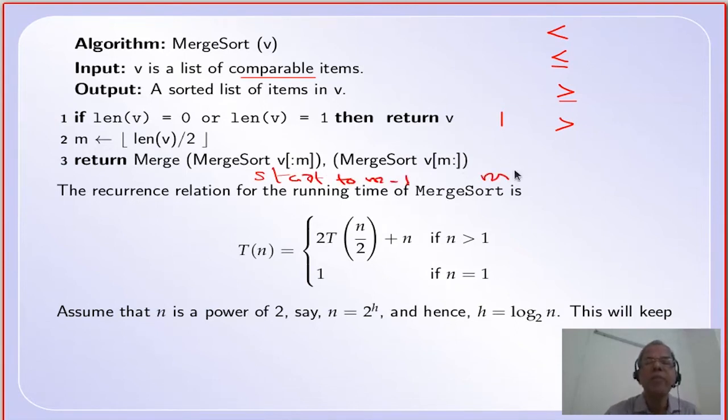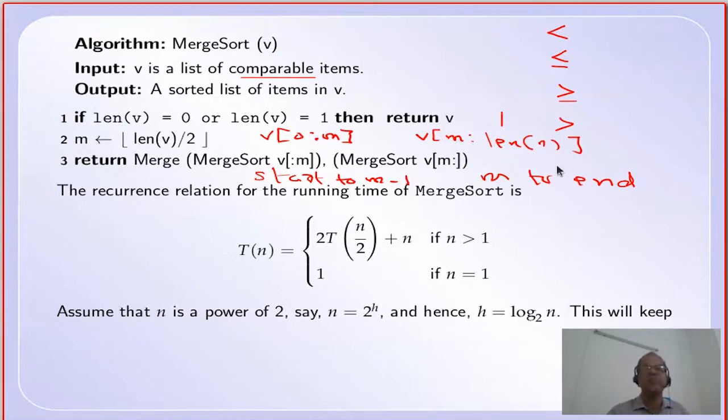And this is M to end. That's a Pythonic idiom. Instead of writing V from 0 to M, we write V to M. V from M to length of N, we can write like this. Okay. Size is N here.